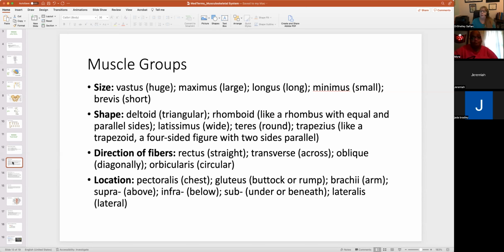Okay. The brachii arm, and this is where your brachial nerve is. Remember that? Supra, remember you learned that in week 1. Supra is above, infra, below, also sub, under or beneath, and lateralis, which is lateral.